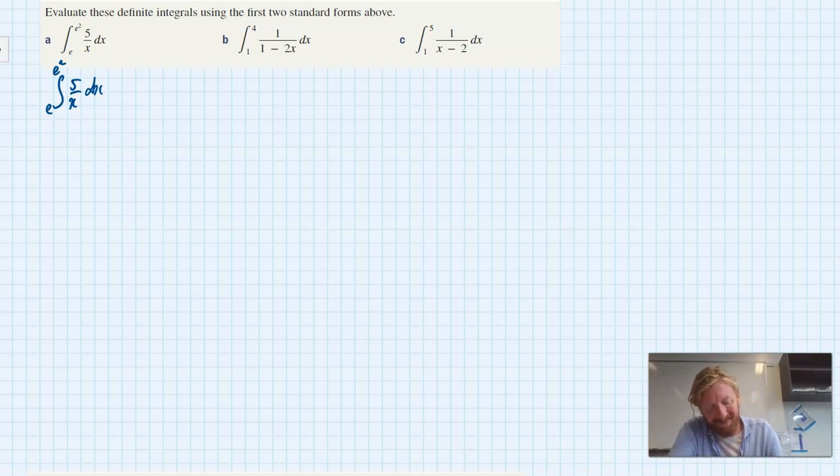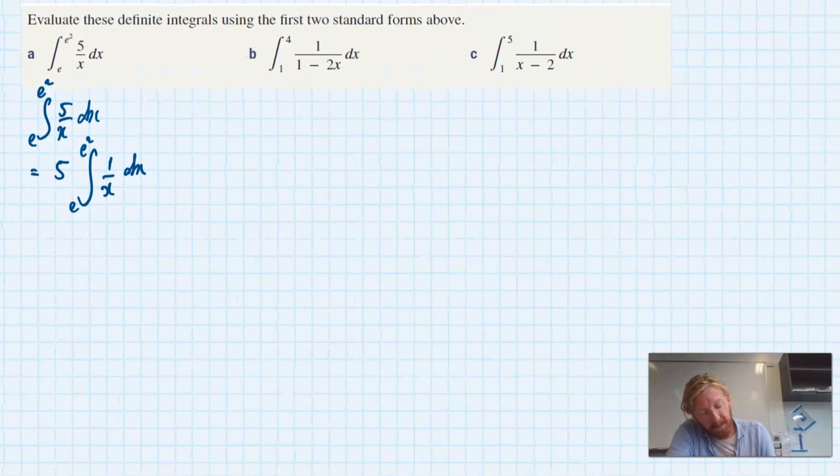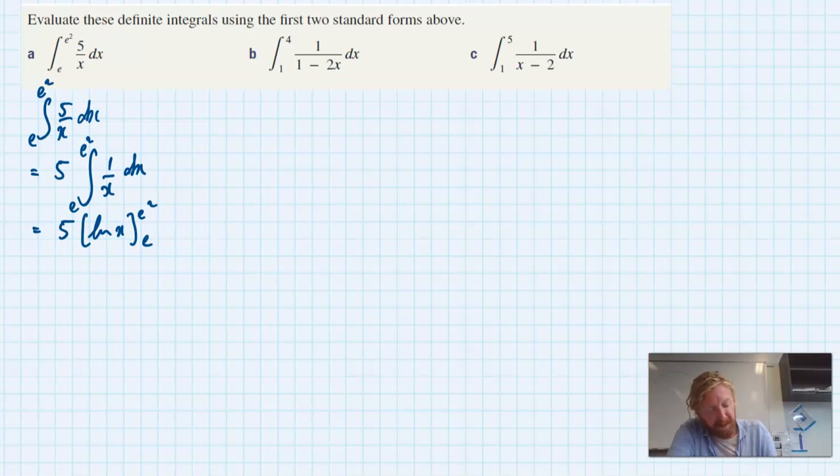So that will be equal to 5 times the integral from e squared to e of 1 on x dx. I know that this is 5 ln x from e squared to e.